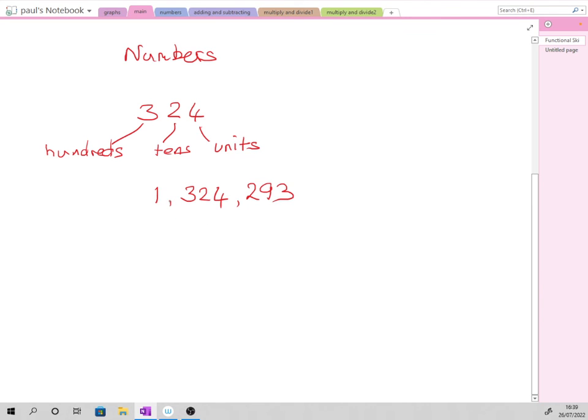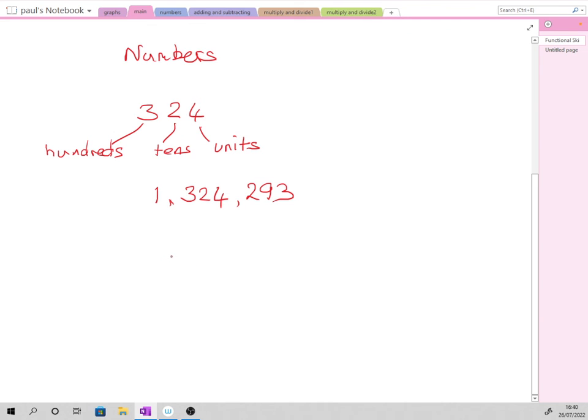Be wary of this if you're from a European education system. Commas and decimal points seem to get mixed up and interchanged. So in English we put commas in, or you just leave a gap, or don't bother. It's okay. It's up to you.